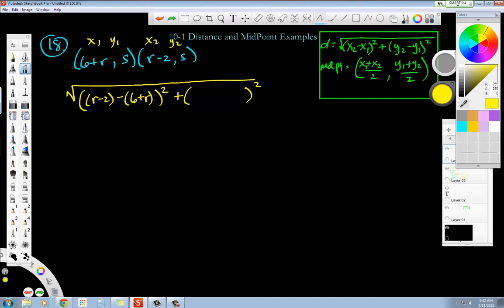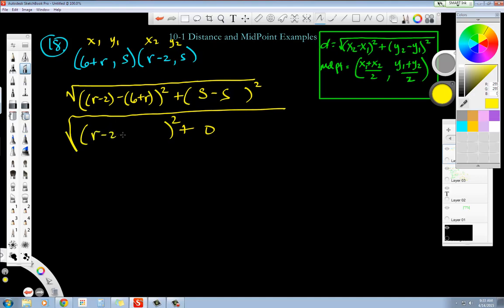I'll get back to that in a minute. Over here we got y2 minus y1, which is s minus s. That's really nice because that's going to be 0. S minus s is 0. 0 squared is 0. But over here, this is the problem. This is going to turn into, still all under a radical symbol, r minus 2 minus 6 minus r, because you have to distribute that negative 1 through there. And that's how you would do something like that.